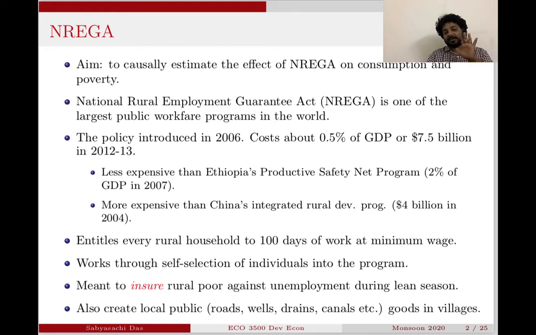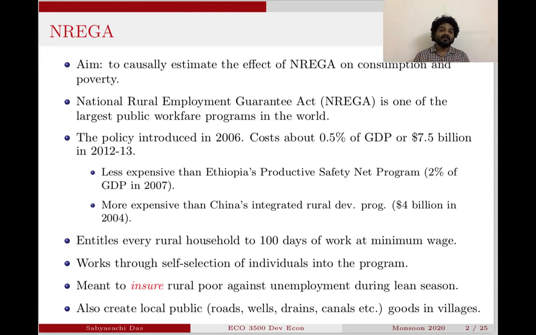So there is a supply side aspect as well in the form of motivation and efficiency, or the governance quality of the local panchayat. But whatever it is, the way it happens is that people self-select into going to work. Okay, so you have to be ready to do this kind of manual labor to get payments.